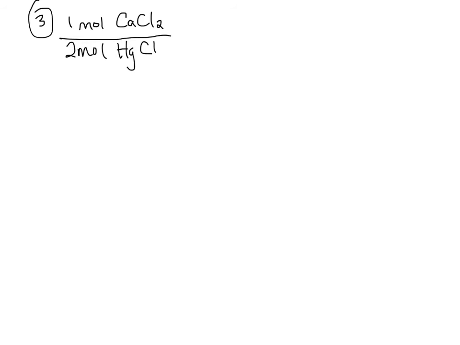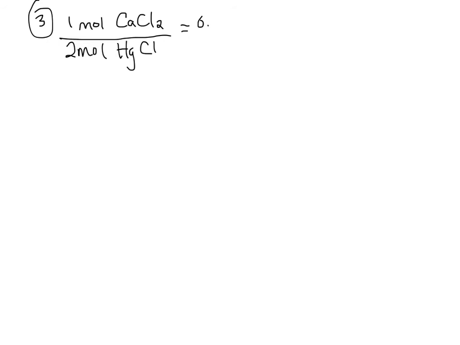Let's then now set up our mole ratios for both to find out which one is limiting. Starting with calcium chloride, we've got 1 mole of calcium chloride from our balanced chemical equation reacts to give 2 moles of mercury(I) chloride.